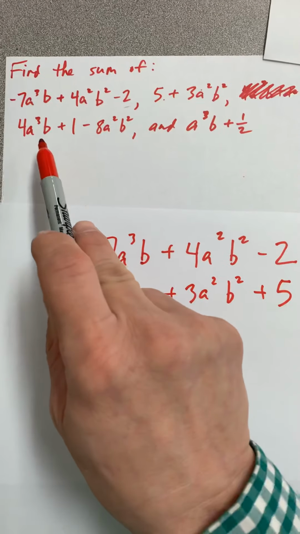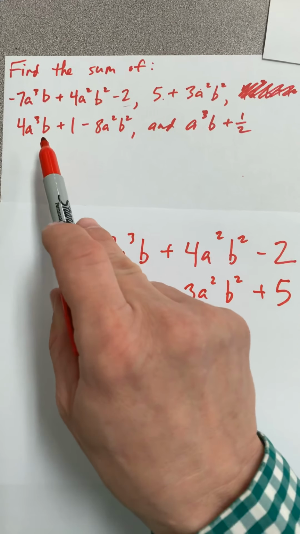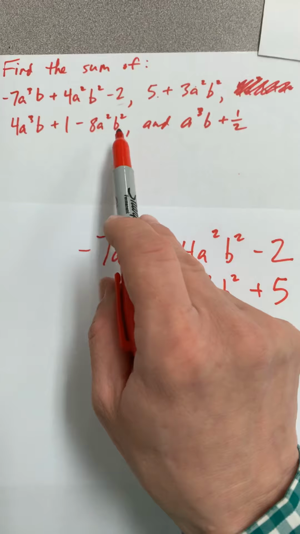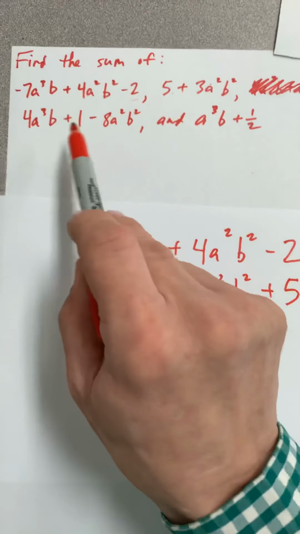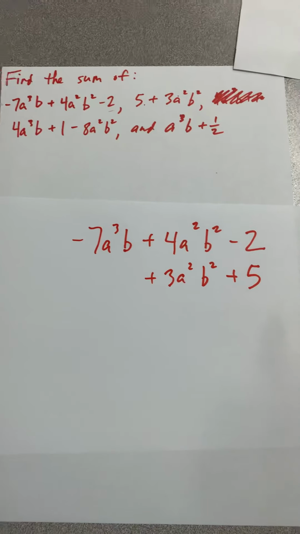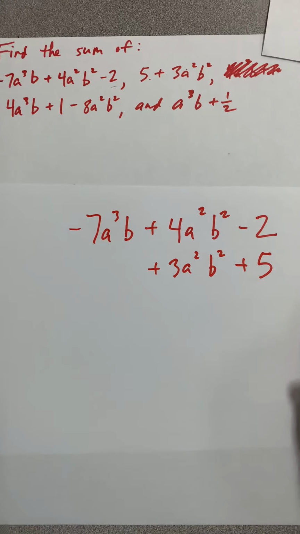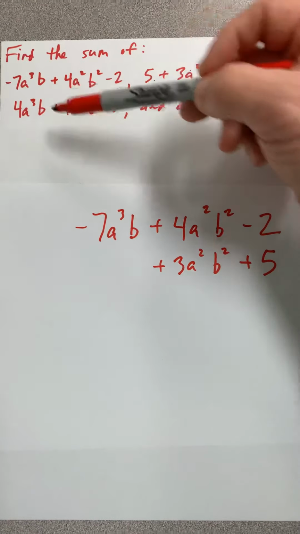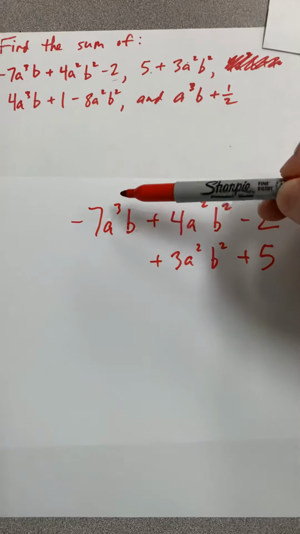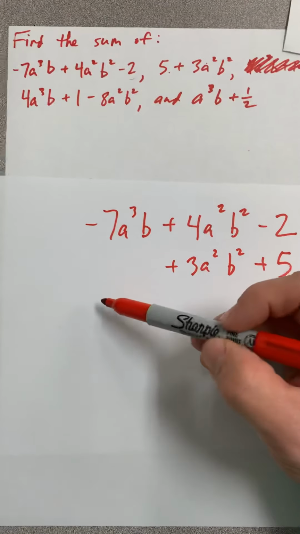Okay, now let's deal with this one. This one's not in descending powers of a. It should be 4a cubed b minus 8a squared b squared plus 1. This term right here should be right here, and this 1 should be at the end. So let's rearrange it as we add it to our columns here, okay? So 4a cubed b, okay, that lines up with this column right here because we have a negative 7a cubed b. So I'm just going to line it up.